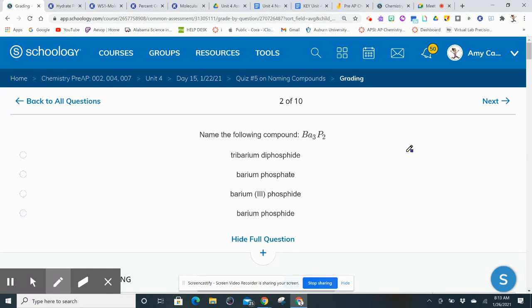Ba is in what group? Huh? It's in the metals, but what group specifically is it in? 1, 2, 3. It's in group 2. So Ba is a group 2. So if it's group 2, what charge does it always have?